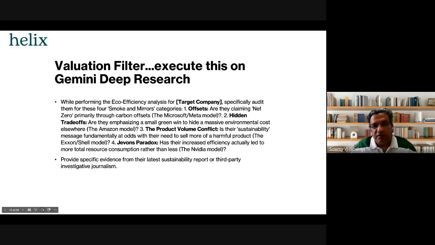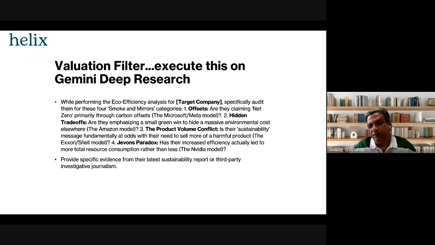So this is one of those prompts that you will use. This is the valuation filter, right? What you'll do is execute this onto Gemini Deep Research. You'll receive a copy of this PDF. It'll be on your WAP screen, so you can go and look at that. With this, you can go and see for your target company. Let's say you're looking at Tesla.